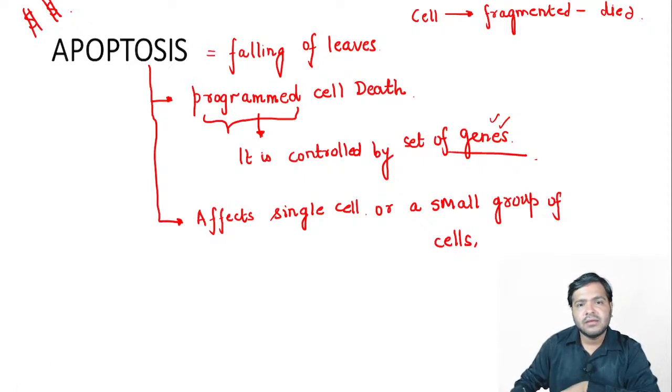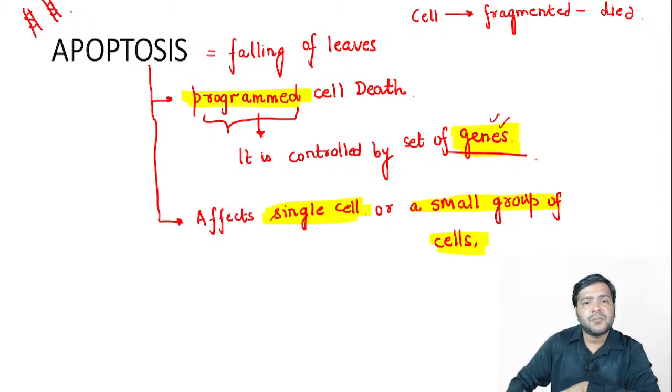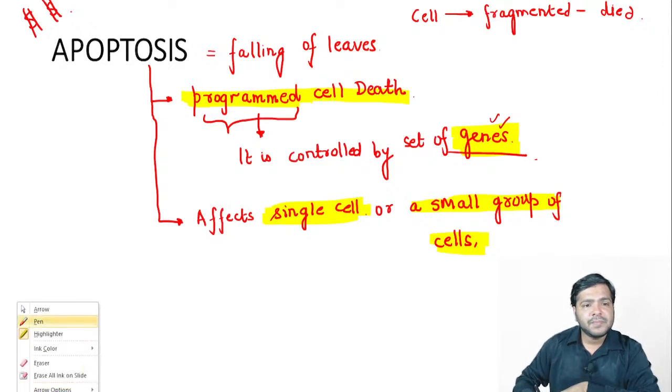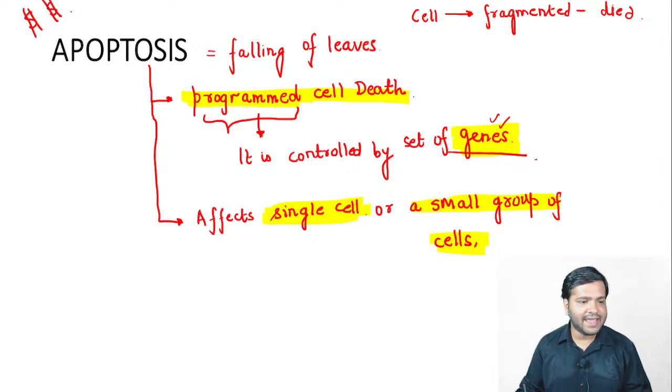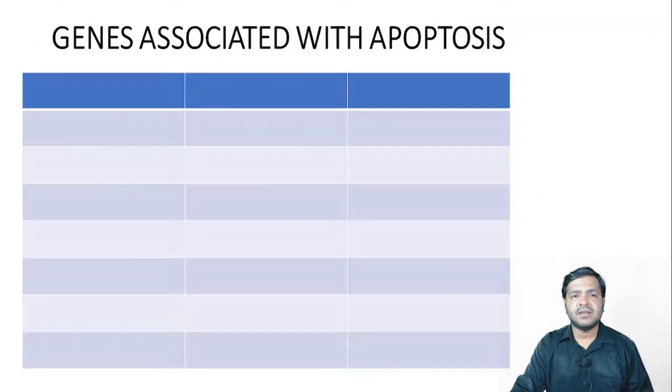It is dependent on the genes, thereby referred to as programmed cell death. And remember, it is dependent on which particular genes. Can anyone tell me? Okay, chalo, we'll discuss this in another slide.